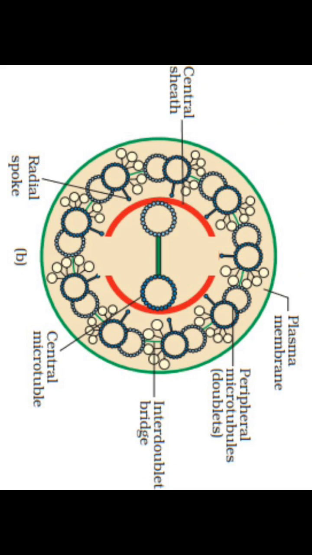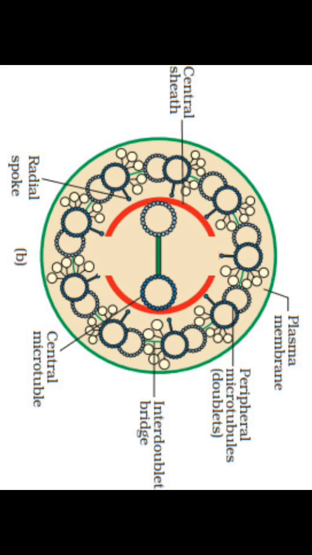What is meant by the 9+2 array arrangement of microtubules in cilia and flagella? 9 refers to the 9 peripheral microtubule doublets, you can see on the screen, and 2 refers to the one pair of microtubules present centrally, but they are maintaining a gap.